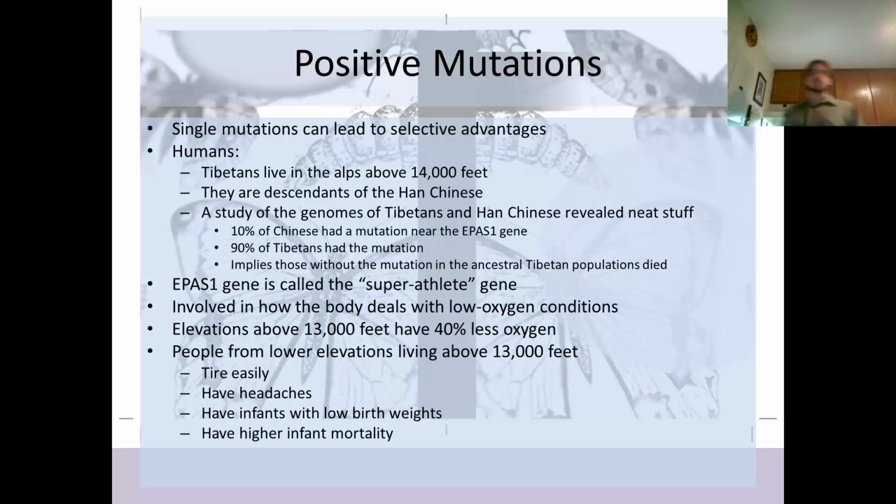The infants have low birth weights, and they tend to have higher infant mortality. Tibetans have none of these things. And people think that the EPAS1 gene is what confers the immunity in Tibetans to those effects of living above 13,000 feet. So that's an example of a single mutation that led to a selective advantage in humans dealing with their natural environment, altitude, one of the few things that actually can affect humans.